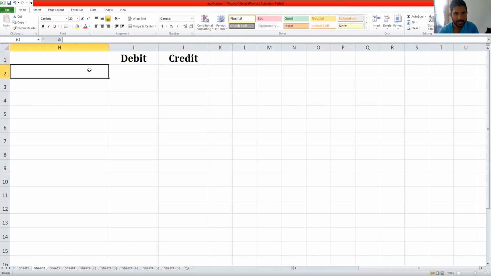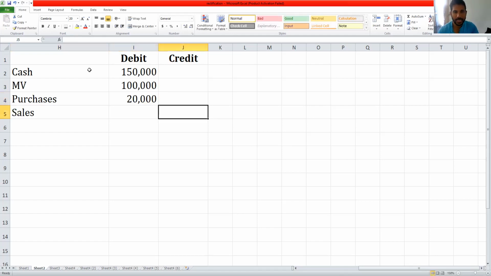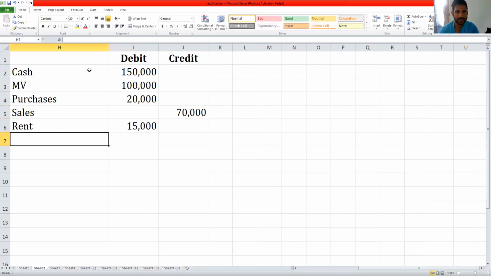Right. The first account is cash. In the debit side, 150,000. Then motor vehicle account, debit side, 100,000. Purchases account, it's an expense, so the balance in the debit side, 20,000 rupees. Sales account, 70,000 rupees. Rent account, 15,000 rupees.